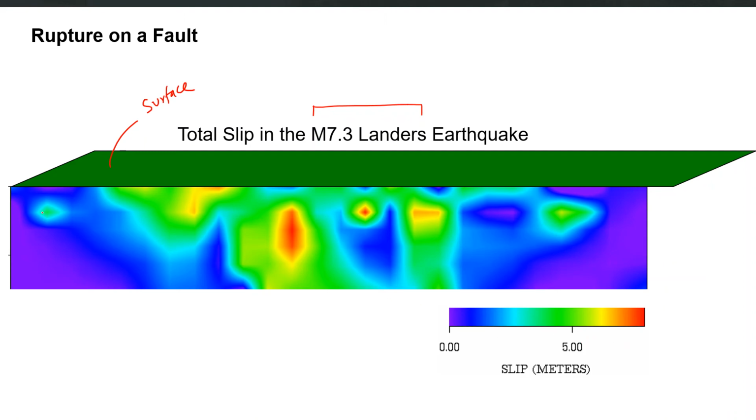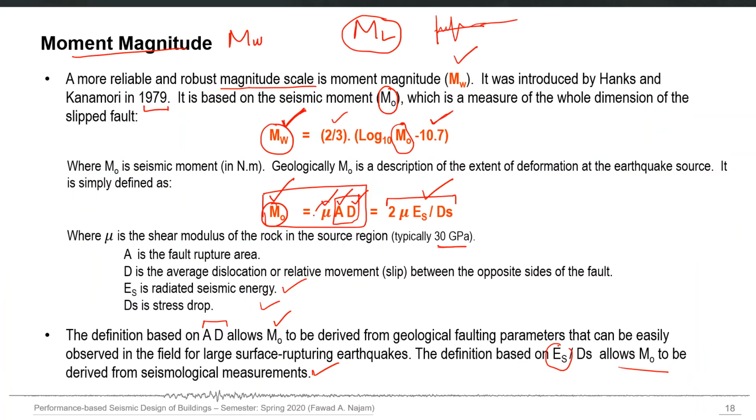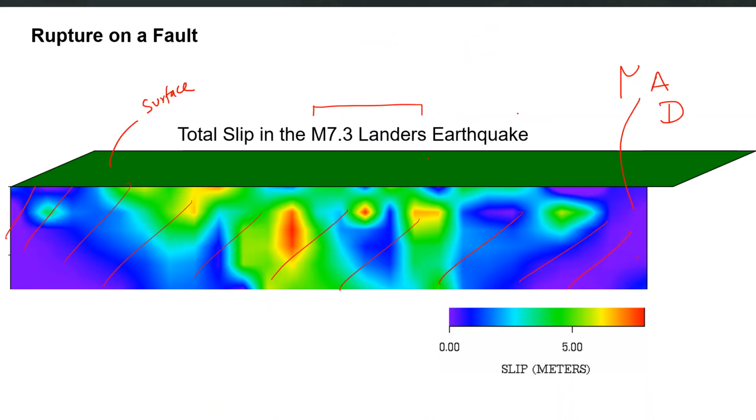All of the area which participated in the rupture is the ruptured area A, and the average slip D will be calculated, because slip is not constant along the rupture area, so you may use an average slip and then multiply with the mu value, which is the shear modulus here. Then you can calculate the M naught seismic moment, and then you can also calculate the moment magnitude.